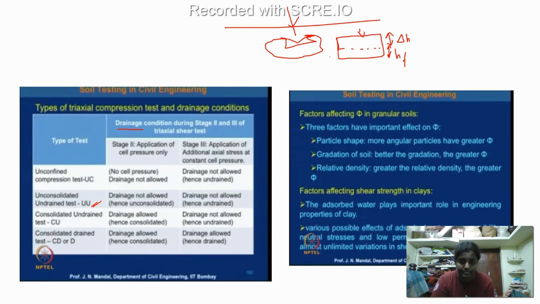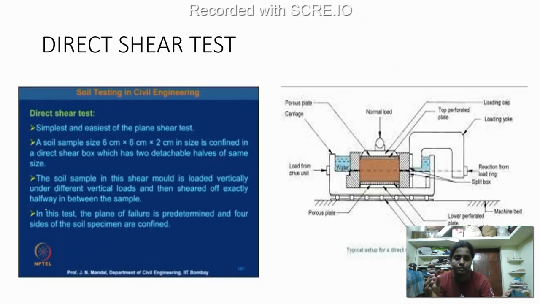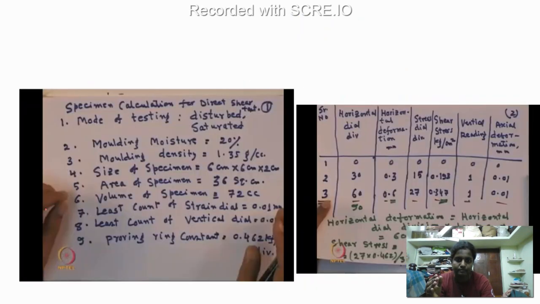Undrained again means you are not allowing water. The first term refers to the consolidation stage, and the second term refers to the shearing stage. So when you have a sample, you apply cell pressure throughout the sample. I can show you the picture here.